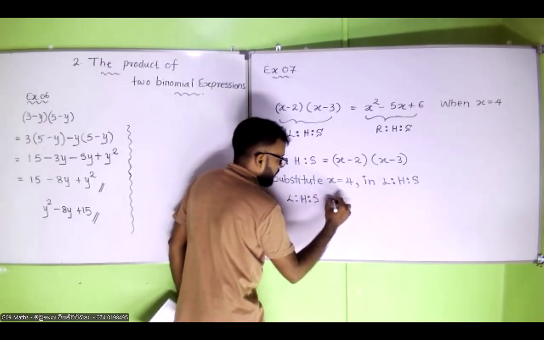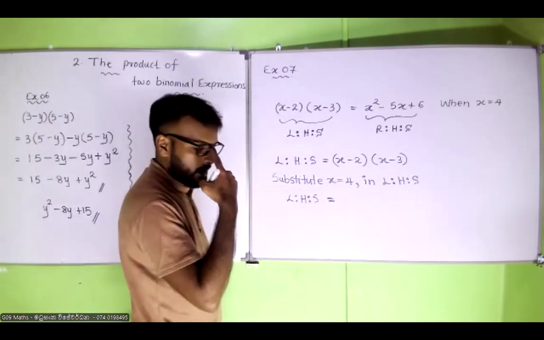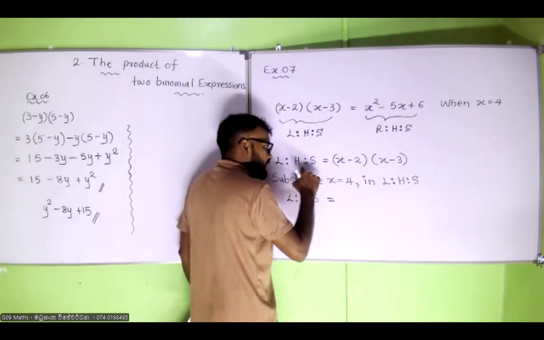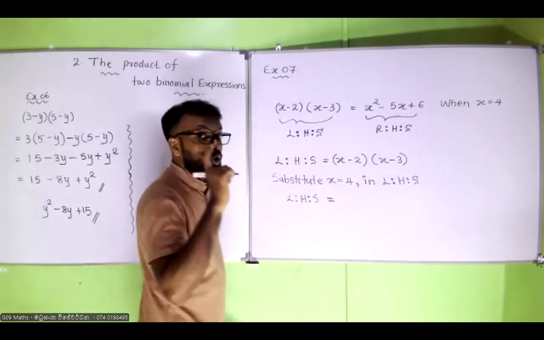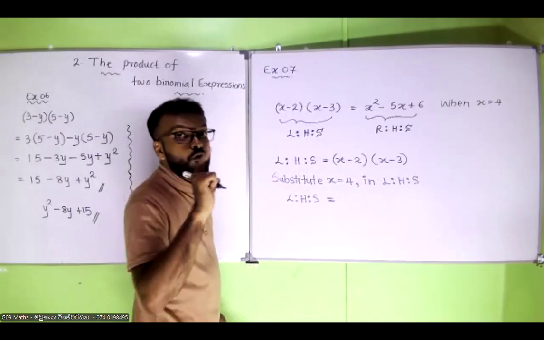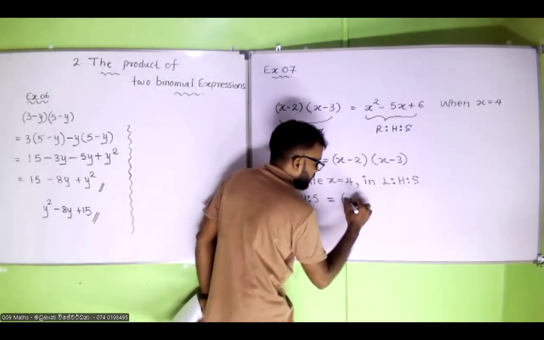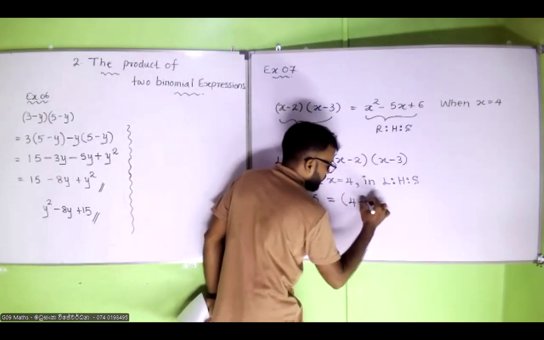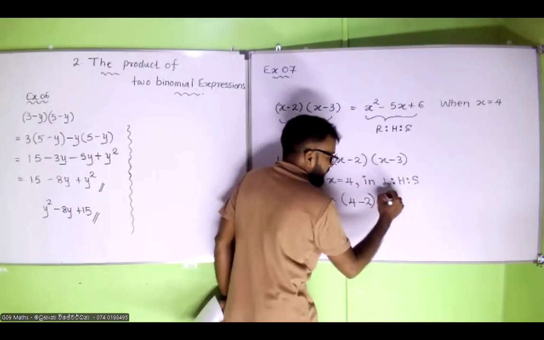Please look at the board. Don't do anything. I will give you the time to write. Right. Now this is my LHS, left hand side, x minus 2, x minus 3. Where I have x, I am going to substitute 4. 4 minus 2. Here I have x.